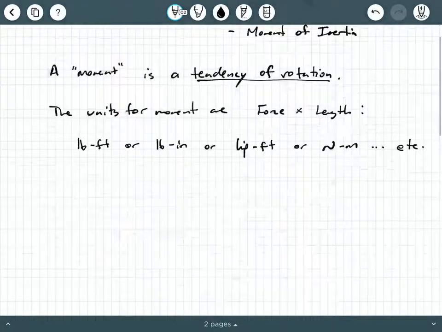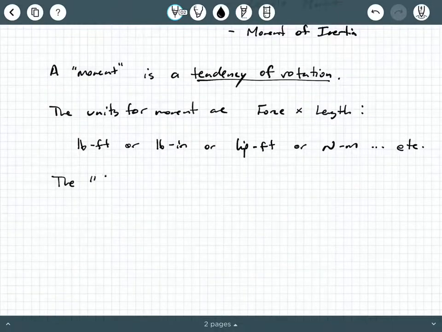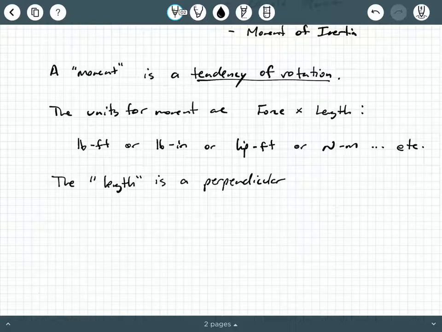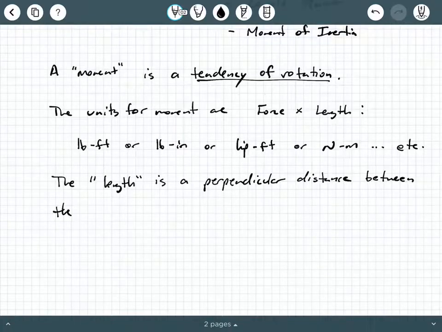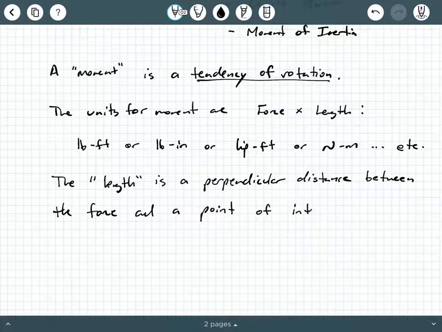Now, I kind of hinted at this a second ago. What is this length that we're referring to? Well, the length is what's called a perpendicular distance between the force and a point of interest.